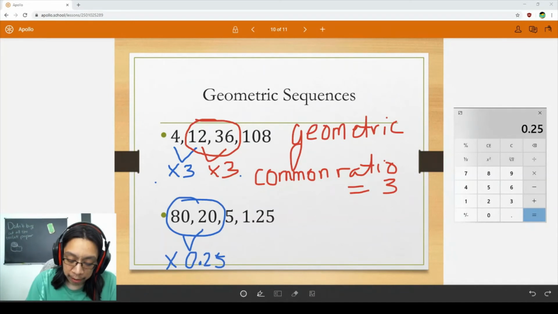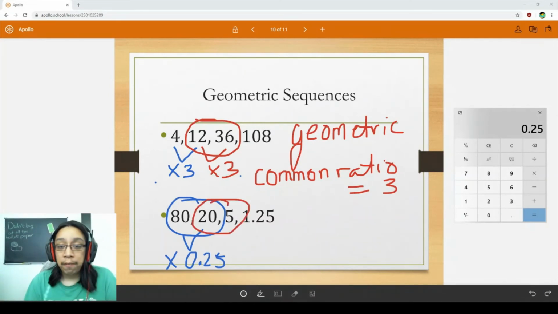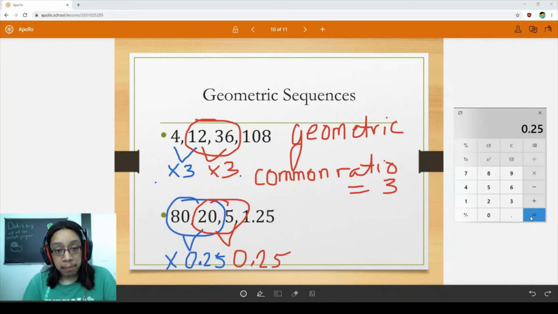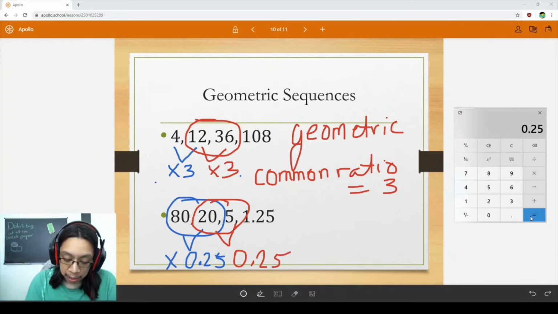So let's check. 20 and 5. Remember, the order matters. So 5 divided by 20 gets you 0.25. So that means here, this is also 0.25. The numbers match at the very end, which basically means that this is going to end up being geometric.